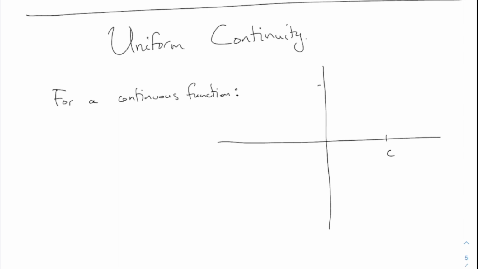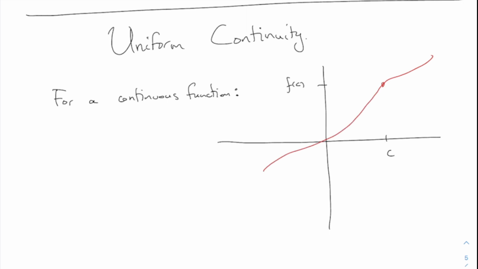This is the picture which you should have in your mind. If I say the function is continuous at c, it means the function looks like this, and it goes through this point.